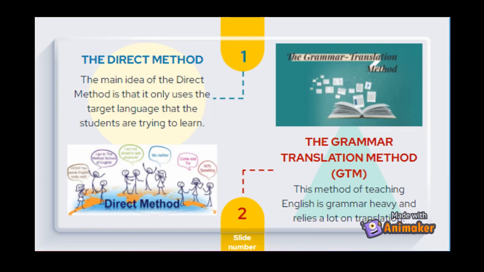Number 2. The Grammar Translation Method, or GTM. Just like its name suggests, this method of teaching English is grammar heavy and relies a lot on translation. This is the traditional or classical way of learning a language, and it's still commonly used when learning some languages.